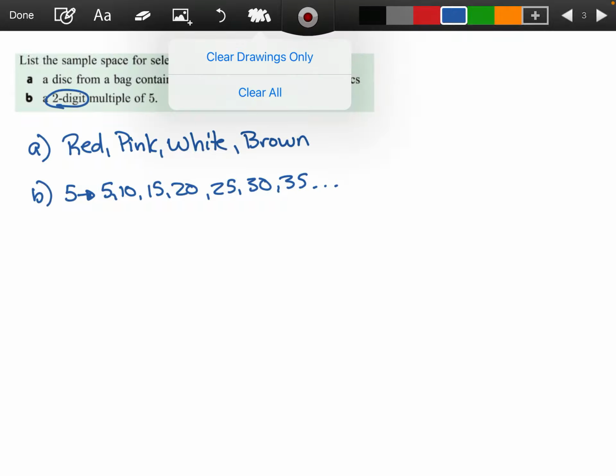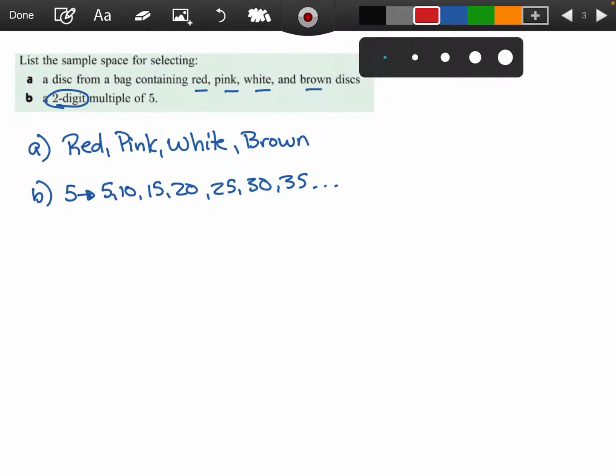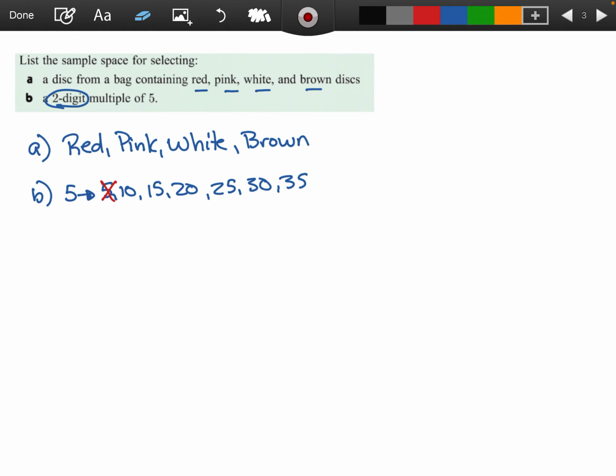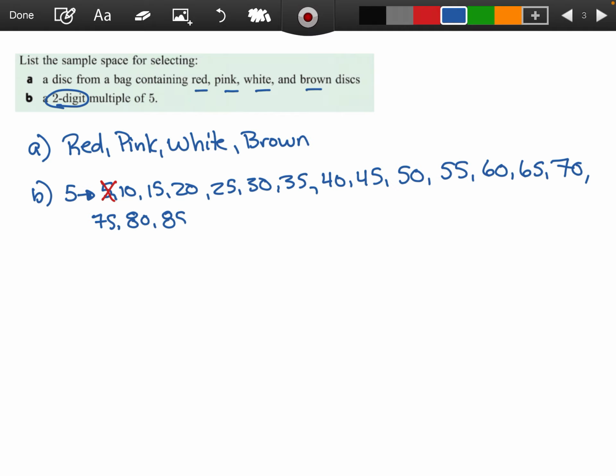So we can cross out 5. That's not going to work, and we've got to keep going. So 40, 45, 50, 55, 60, 65, 70, 75, 80, 85, 90, and 95 will be our last one.